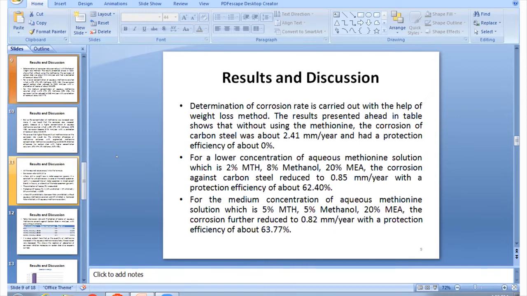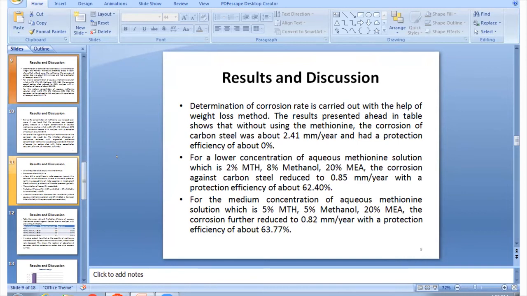And so these are the results and discussion of my research. Without corrosion inhibitor, when I did my research, the corrosion rate was 2.41 millimeter per year, and we had no protection efficiency.